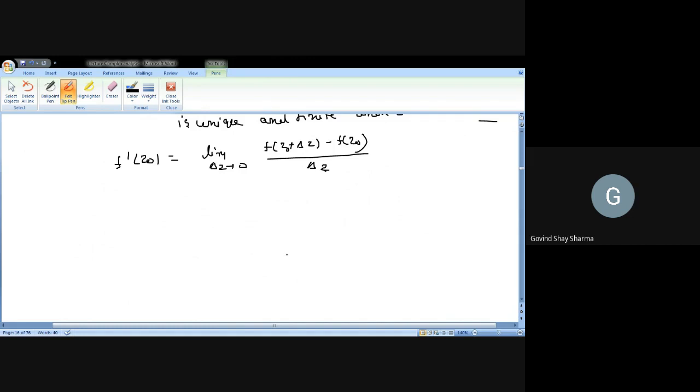Analytical and holomorphic function. Analytical, and it can also be called holomorphic.